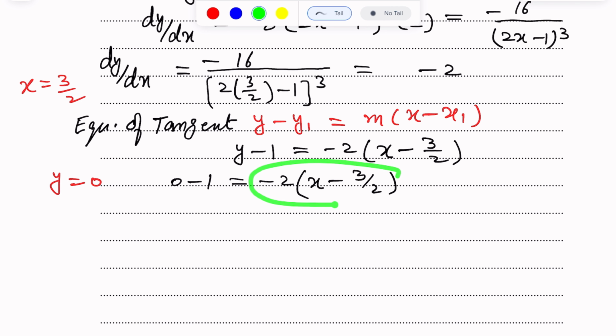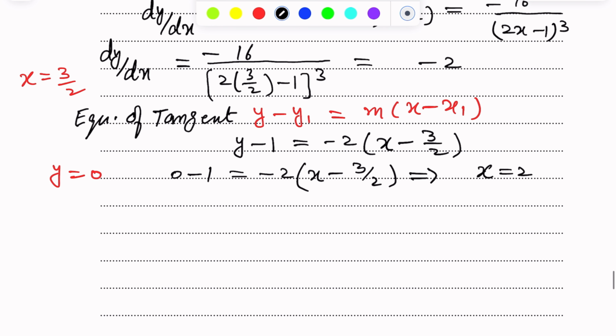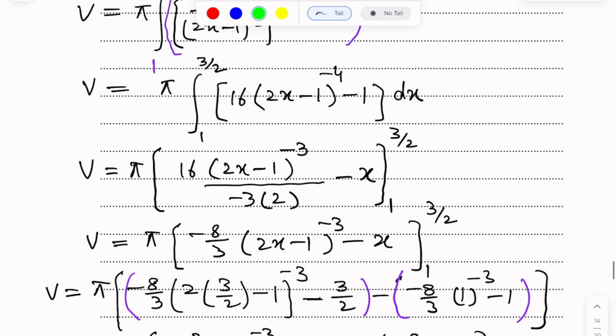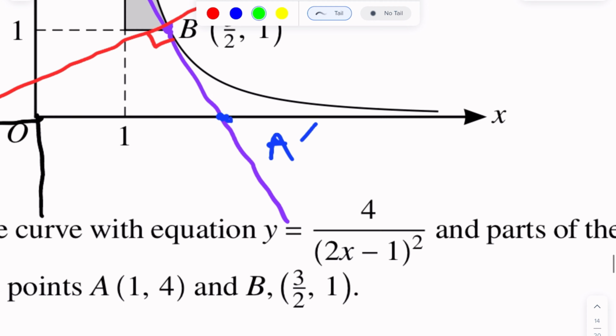Solving this equation, we get x is equal to 2, because we multiply this minus 2 by this x, and this is equal to negative 1. After simplifying, x is equal to 2 and y is equal to 0 are the coordinates of this point A dash.